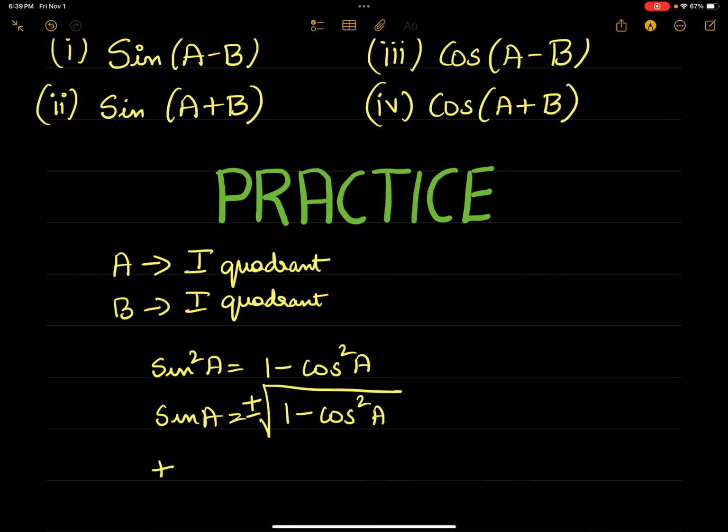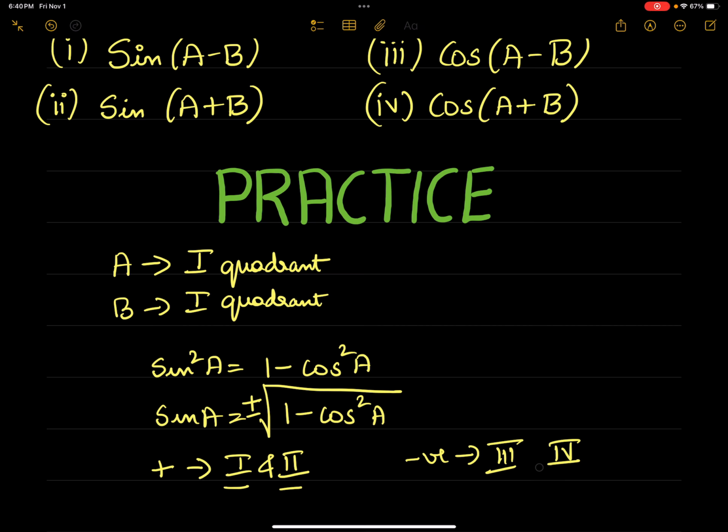We choose a positive value if the angle is in the first or second quadrant for sine, because sine is positive only in the first and second quadrant. We would choose a negative value if the angle was in the third or fourth quadrant.